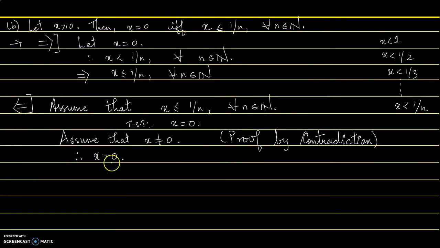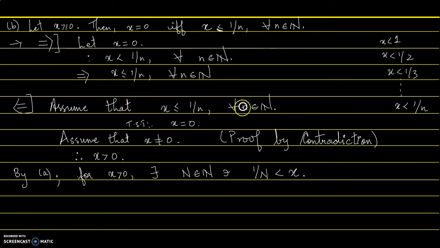So because x is strictly positive, by the previous result I'm using, for this x greater than 0, there exists a natural number n such that 1 upon n is strictly less than x. So I found one natural number such that 1 upon n is strictly less than x. But what is my assumption here?